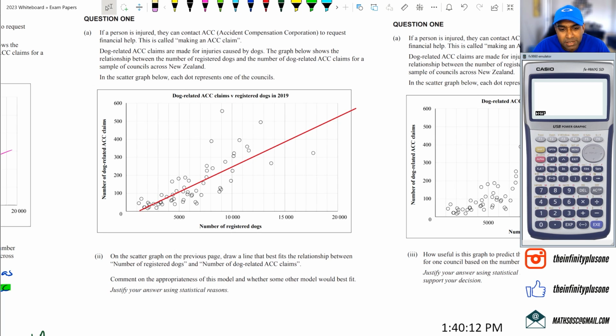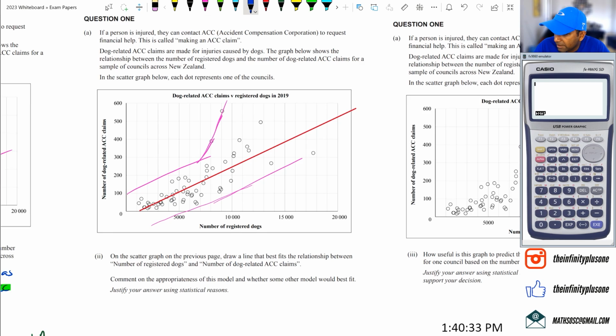In terms of appropriateness of this model, looking at the straight line, I'm okay with this part here, because all of this looks fairly straight, but then suddenly it feels like it's opening up a little bit for that higher number of registered dogs.